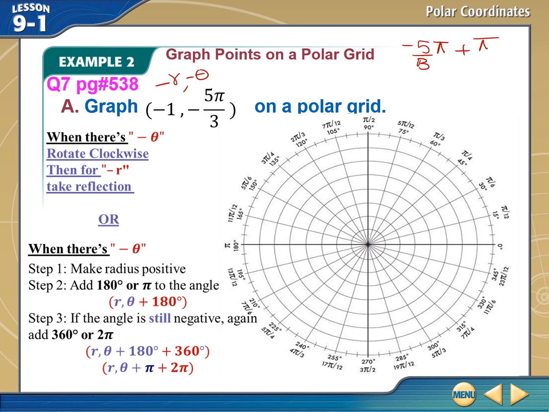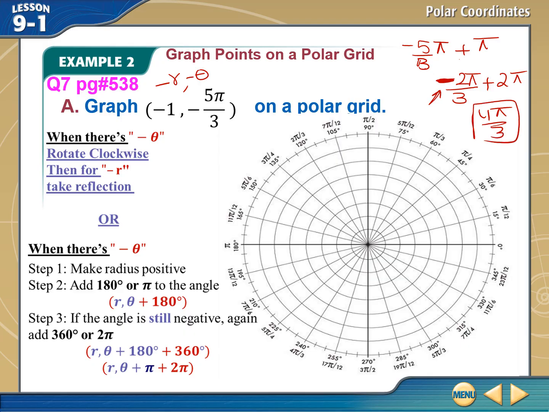So negative 5 pi by 3 plus pi gives us negative 2 pi by 3. It means that I don't want this negative sign. If my angle is again negative, I again add 2 pi to it. Now 3 times 2 is 6, 6 minus 2, 4 pi by 3. This is my answer.